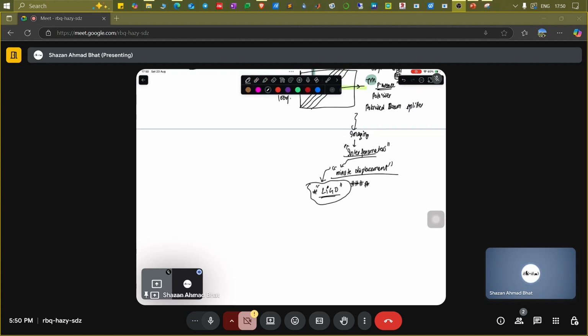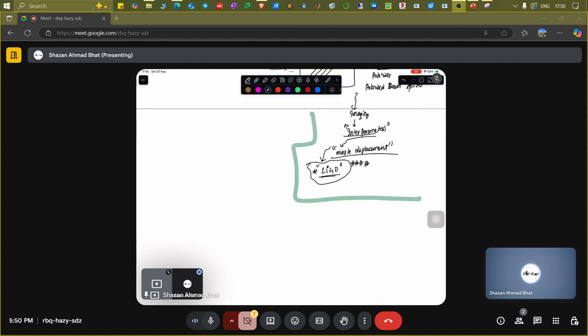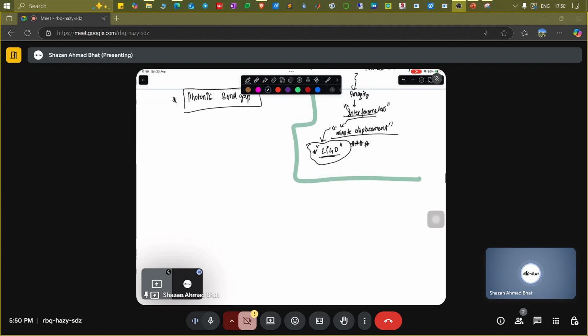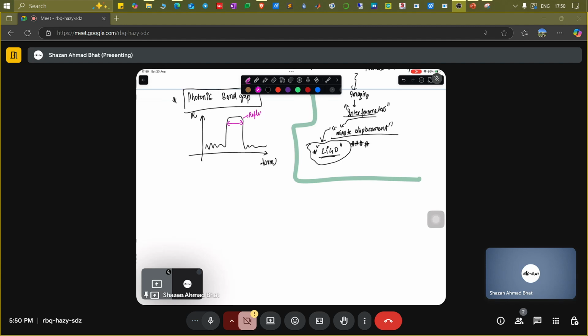They are all correlated. Now, what we are going to talk about is the photonic band gap. What is the concept of a photonic band gap? It is just like, for example, if you have reflectivity versus the wavelength curve, and it looks something like this, then basically what is happening is that this part of the electromagnetic wave or the light is getting reflected from the system.